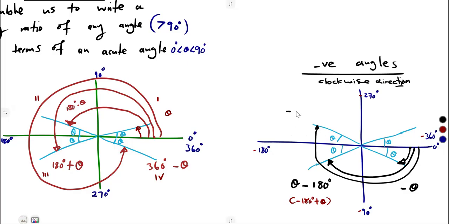So it's going to be minus 180 degrees minus theta, or minus theta minus 180, the way that you want. As we can see, both are negative here. Negative, negative. So rewriting this, it can be minus theta minus 180.